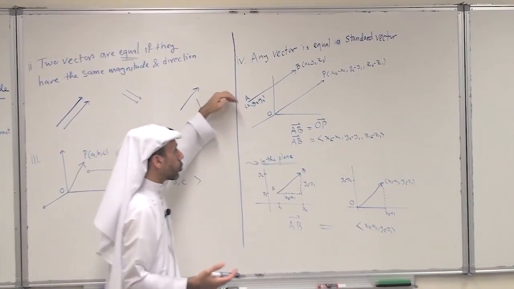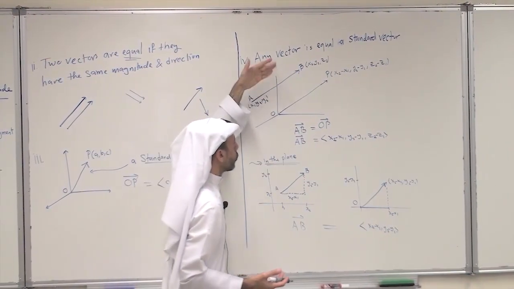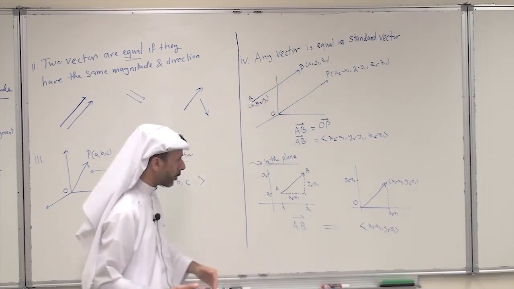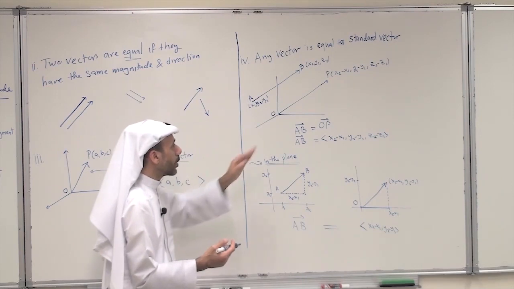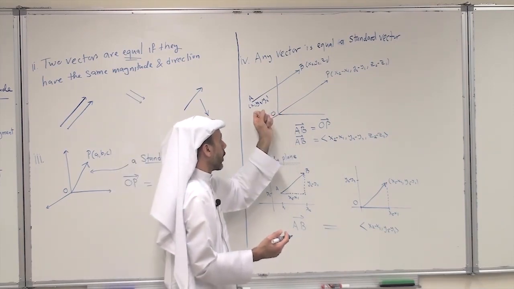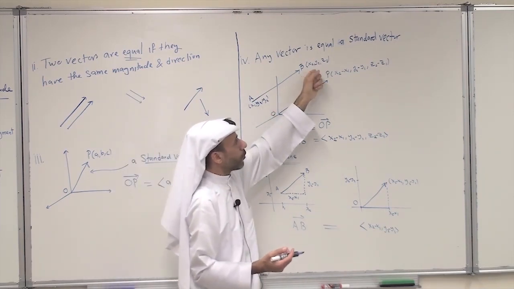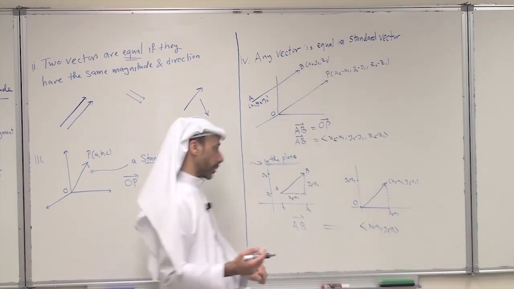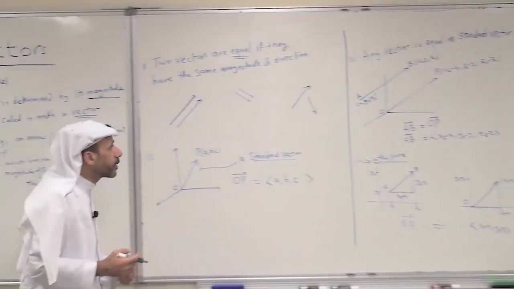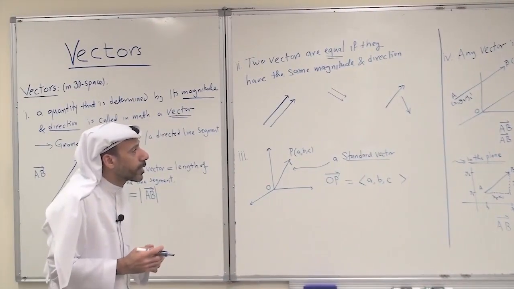So in general, given two points in the plane or in space, to find the corresponding standard vector, i.e. the vector starting from the origin, just subtract the coordinates of the initial point from the coordinates of the terminal point: x2 minus x1, y2 minus y1, z2 minus z1. So this is for the standard vector.